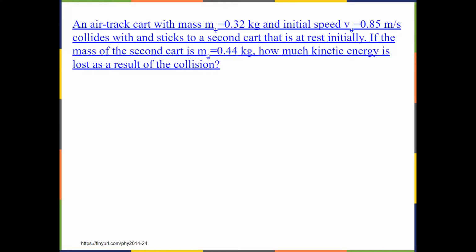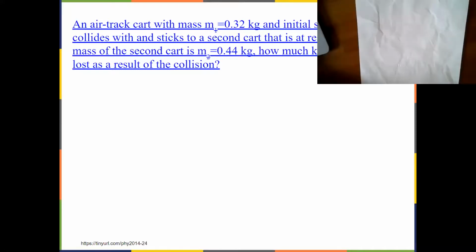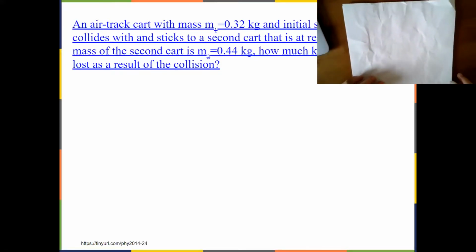This one says an air track cart with mass m1 given, and speed of v0, 0.85, collides with and sticks to the second cart that is at rest initially.